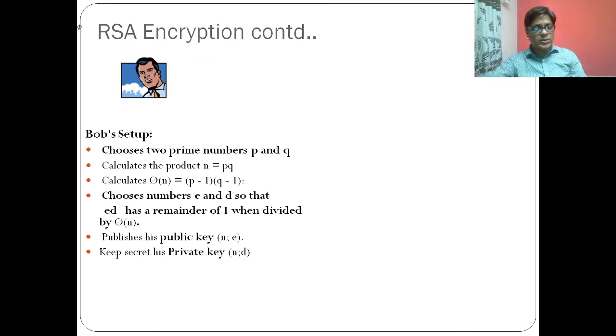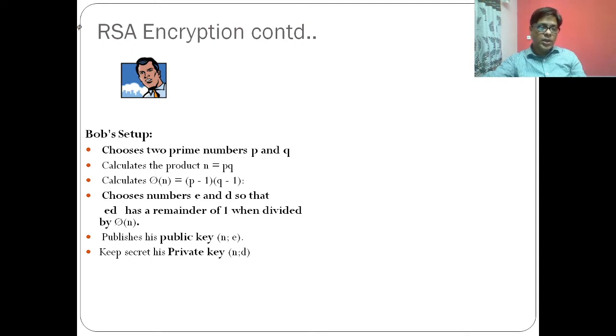Now we'll discuss the encryption procedure. For this, Bob first has to generate his public key, which he'll be publishing, and a private key which he'll be keeping secret.